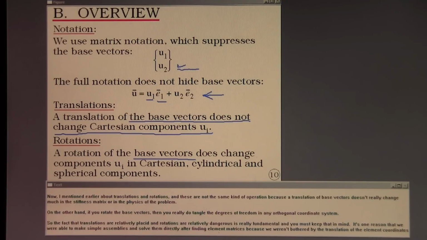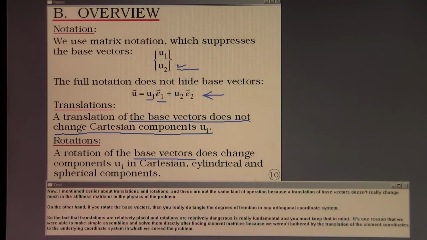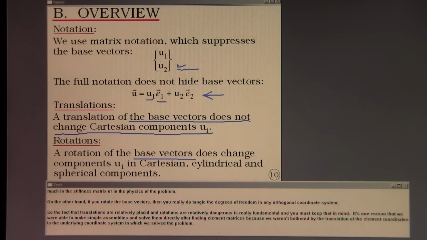So the fact that translations are relatively placid and rotations are relatively dangerous is really fundamental, and you must keep that in mind. It's one reason that we were able to make simple assemblies and solve them directly after finding element matrices, because we weren't bothered by the translation of the element coordinates to the underlying coordinate system in which we solved the problem.